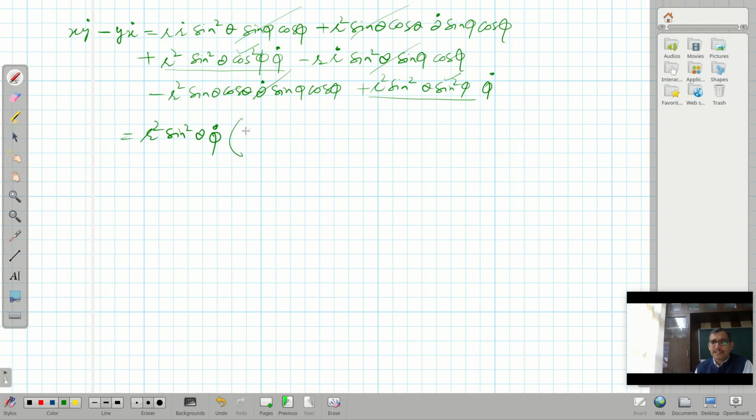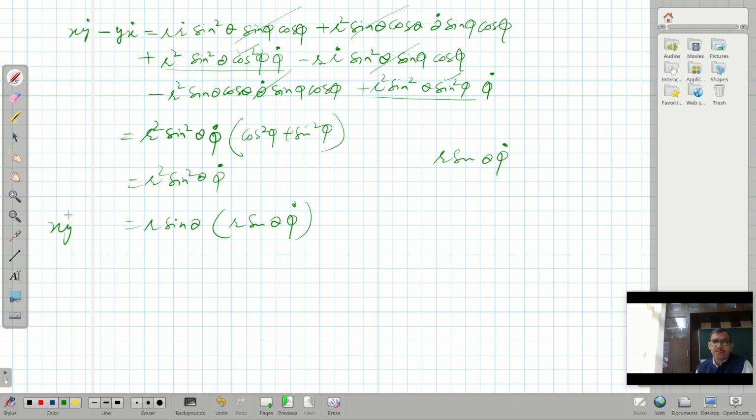So it is r square sine square theta phi dot. So that means now we are interested to find r sine theta phi dot. So what should we do? R sine theta is one term, and inside it is r sine theta phi dot.